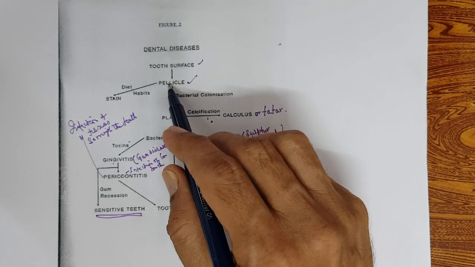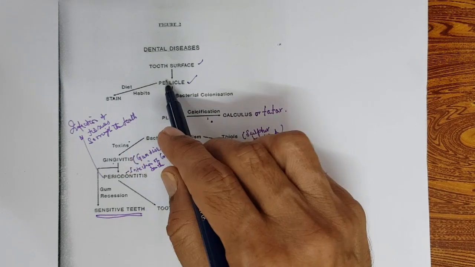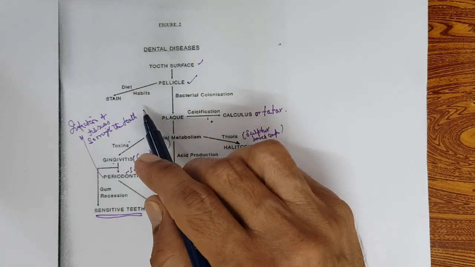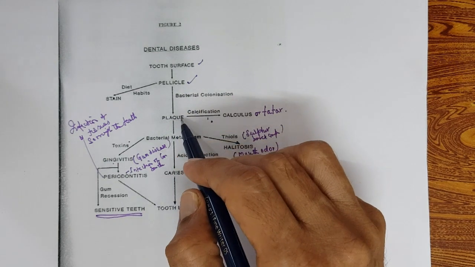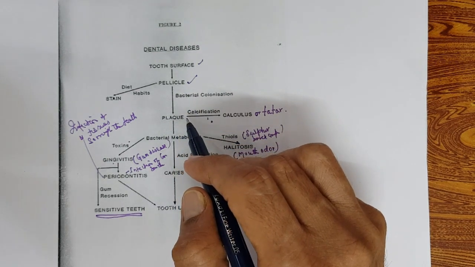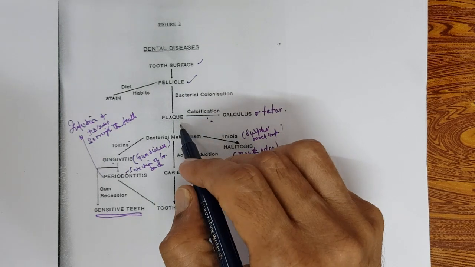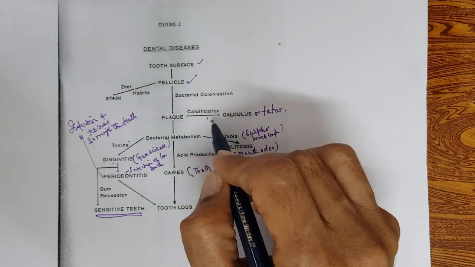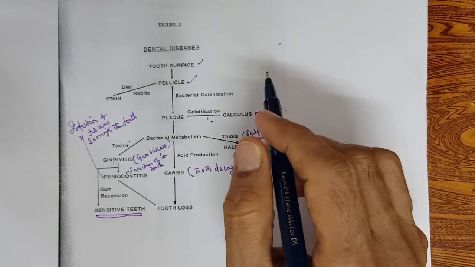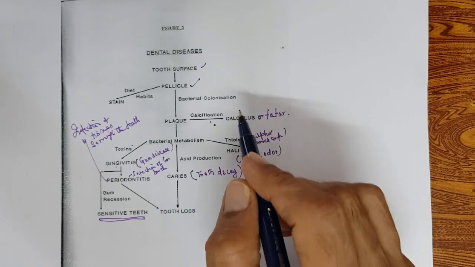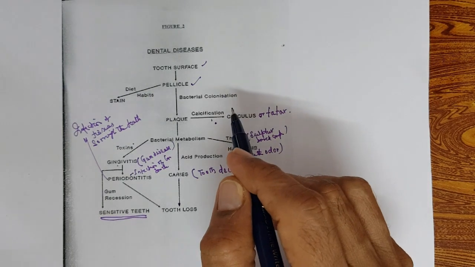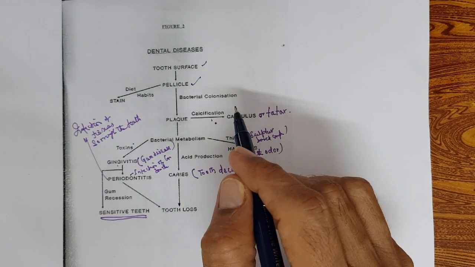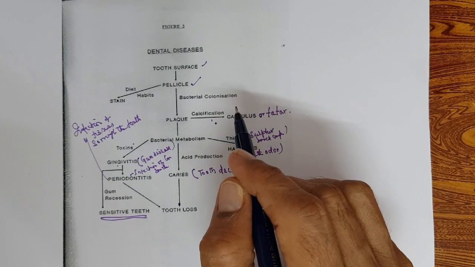Now our food habits cause stain on the pellicle also, right? Bacterial colonization on the pellicle leads to a condition called plaque, and calcification over plaque leads to calculus. What is the other name for calculus?